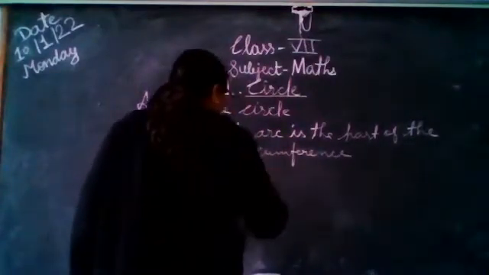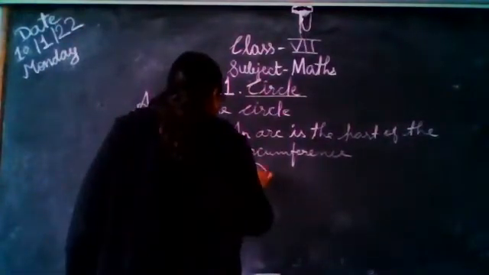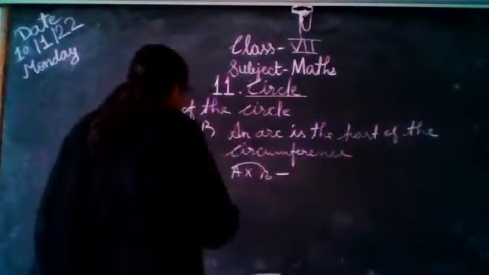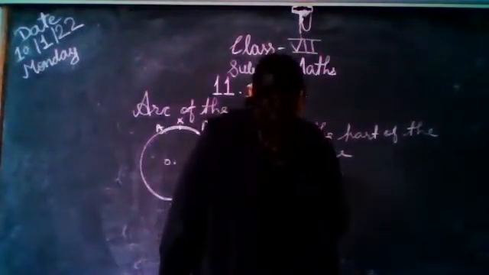It is shown by the symbol arc AXB. See, children, it is a small arc, so we can see it is the minor arc.